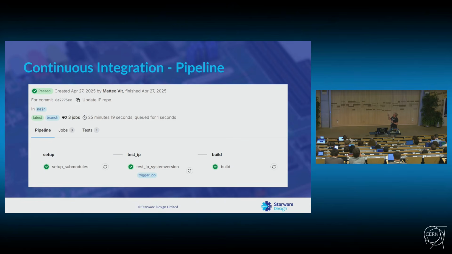This was a Vivado design with the IP from an external Git repository. The first step is to check out all the submodules. The second step was running some simulation tests using cocotb on this particular IP. And then the third step was to build the entire top-level design.